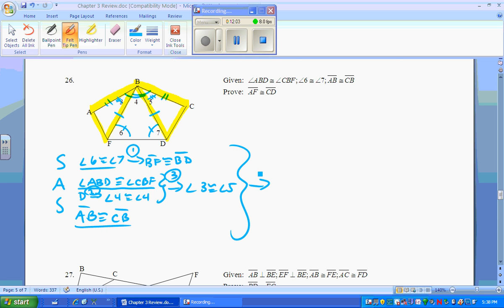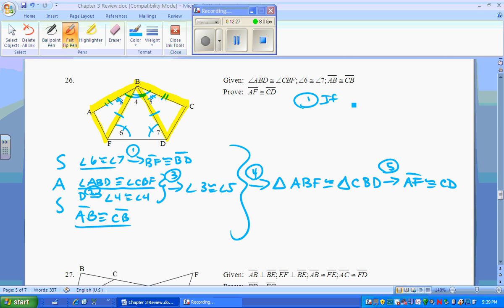Got it all? Bracket it together. Up to reason 4, triangle ABF is congruent to triangle CBD, which then we can just go and finally, one of them ends with CPCTC.